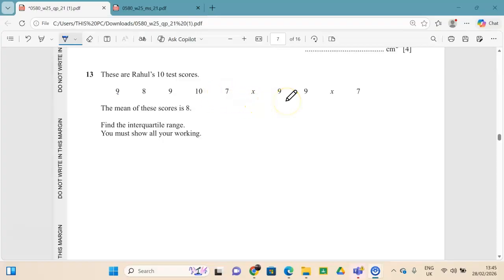Then 43 plus 9 produces 52, plus another 9 gives 61, plus 7. So altogether we have 68, but we also have 2x here.